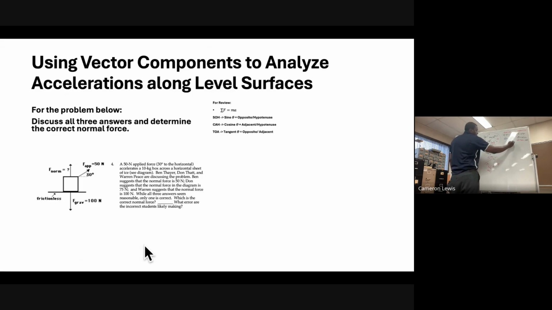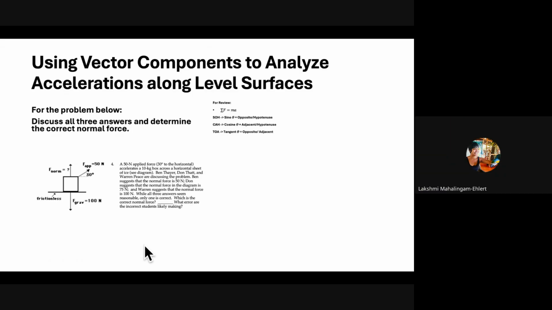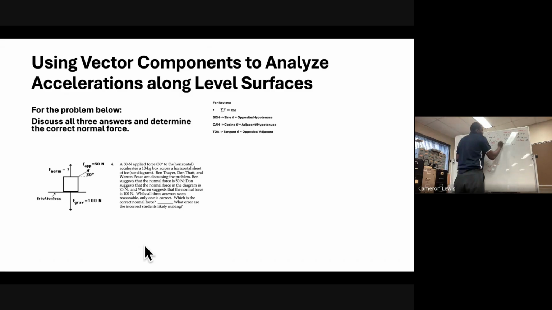In my down, I have F gravity. Now, what forces do I have in my up? I have the normal force, and what else? The Y component. We know that the force due to gravity is 100 newtons.